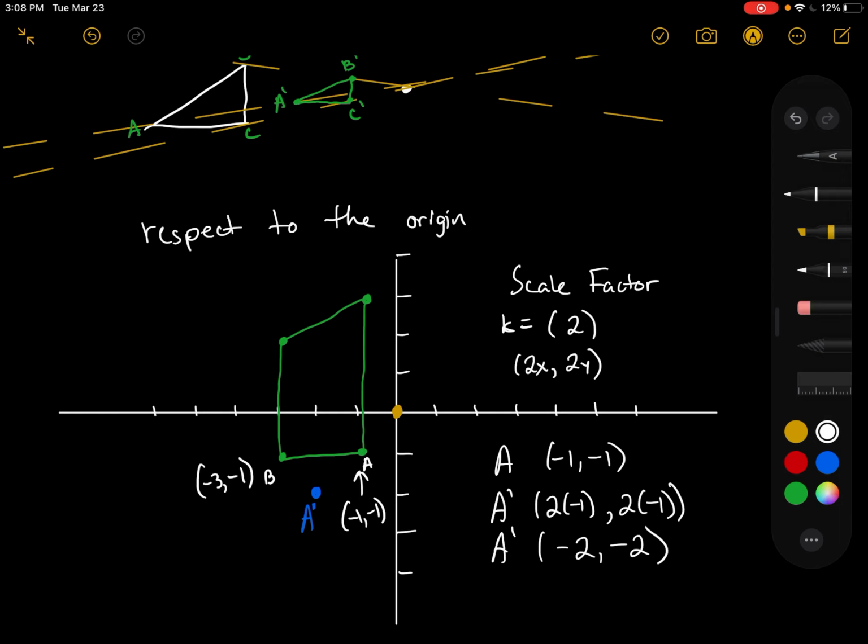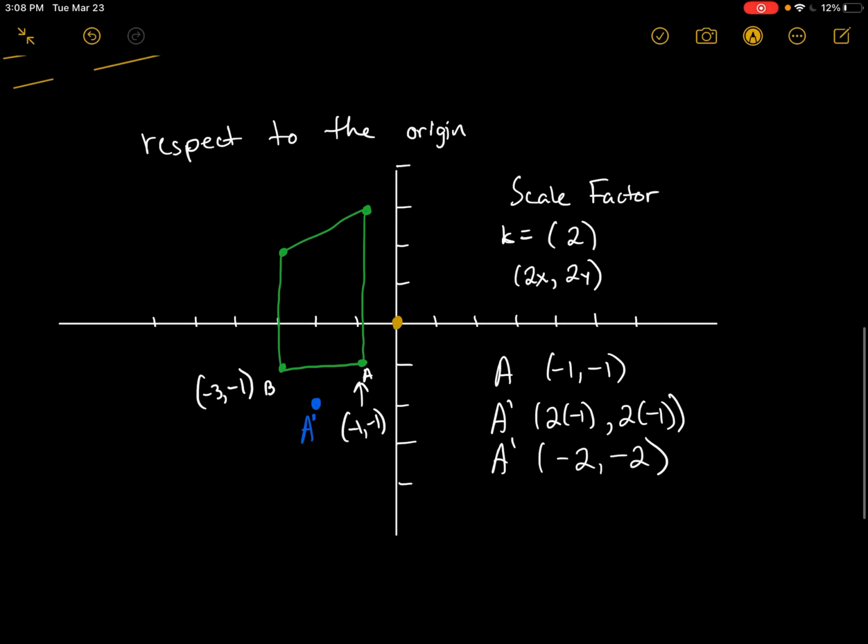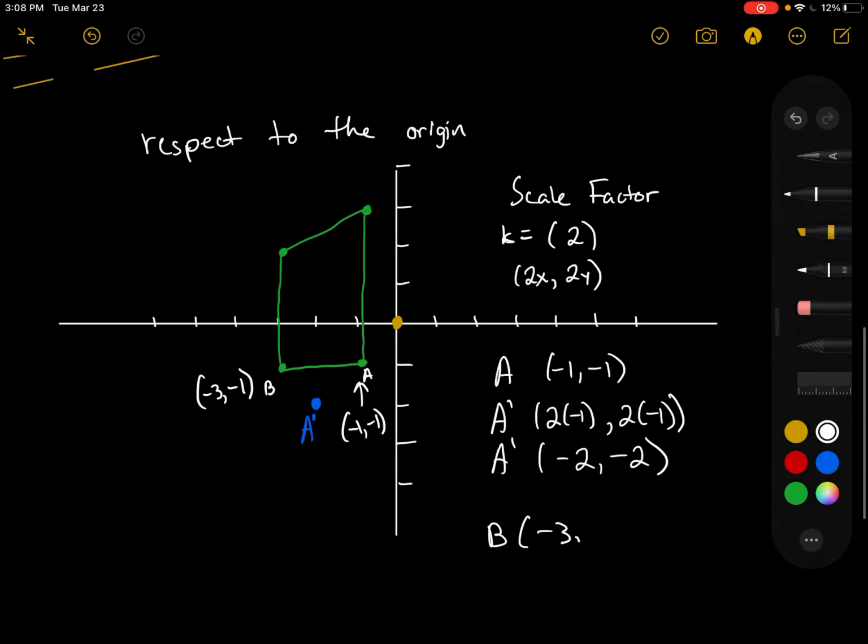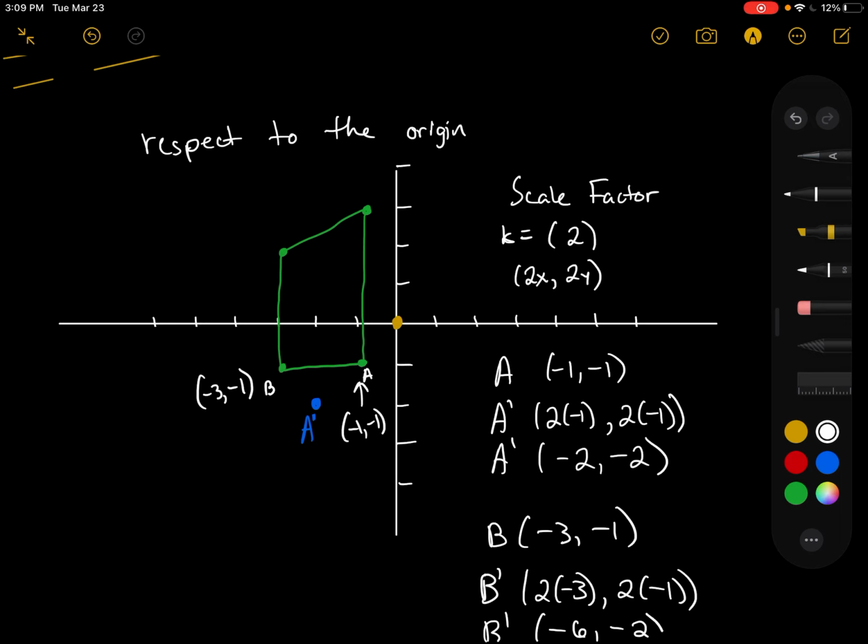Let's say that this one here is B, and this B value is -3, -1. So we're going to take B now, of -3, -1, and multiply each of those by 2. So our B prime coordinate is going to be -6, comma -2.